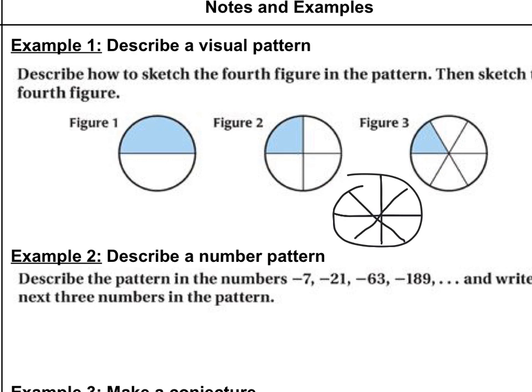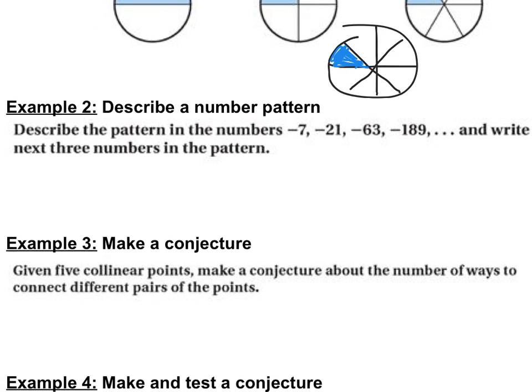But remember, we've always colored in above the half and to the left of the last one. The last one was right here, so we are probably going to be in this region right there. So let's color that side in. That's just using your inductive reasoning skills to look at a pattern, describe it, and draw the next one.